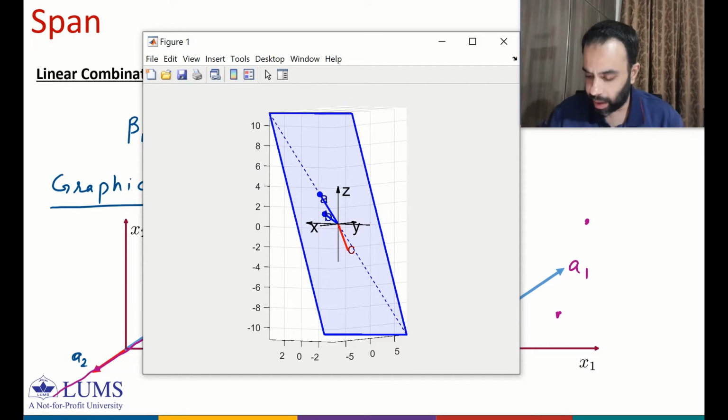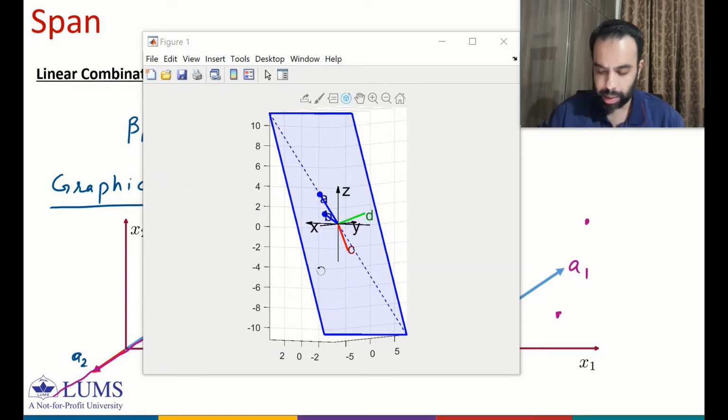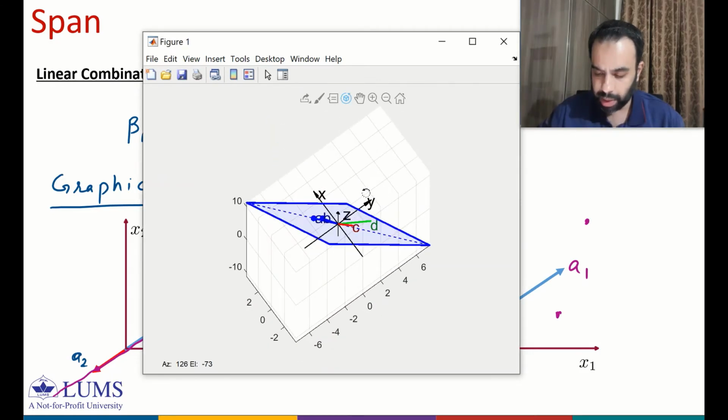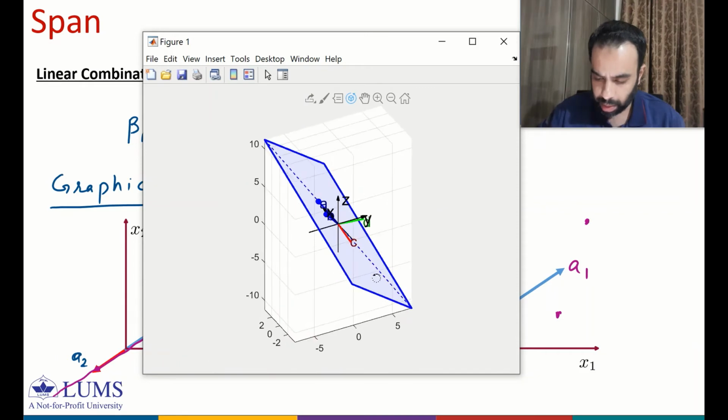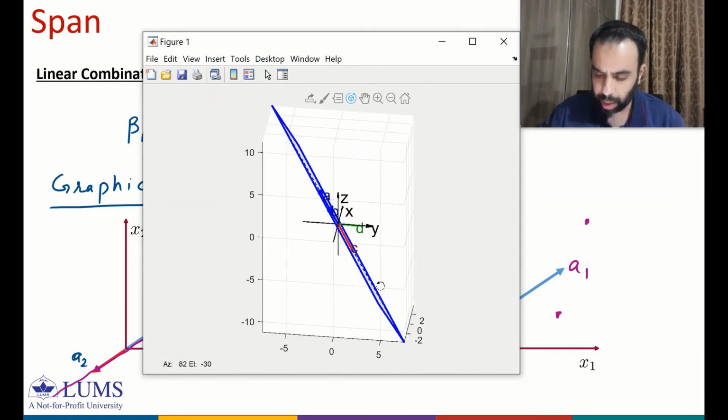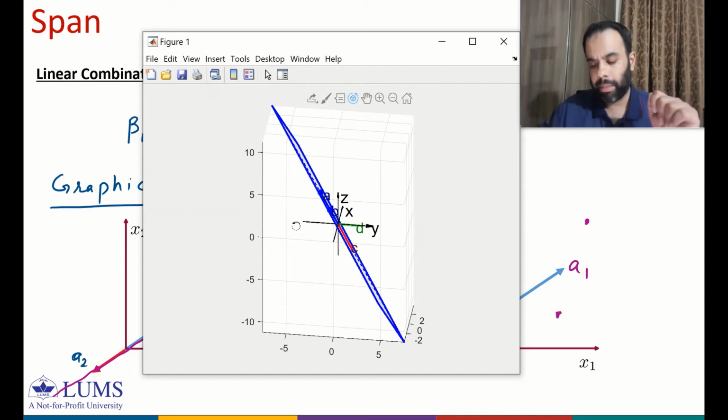But if I add one more vector, D, we see that D is not on the plane formed by the linear combinations of A, B, and C. So now if I find all possible linear combinations of A, B, C, and D, I will get the complete three-dimensional space.